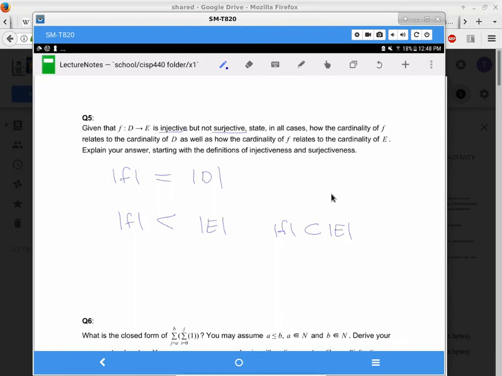Because if I just tell you this part, that F is injective, then the answer is yes. The cardinality of F is less than or equal to the cardinality of E if we just know it's injective. We're talking about 2D. There's no partial credit for that one, because knowing that F is a function means that they have to be equal.